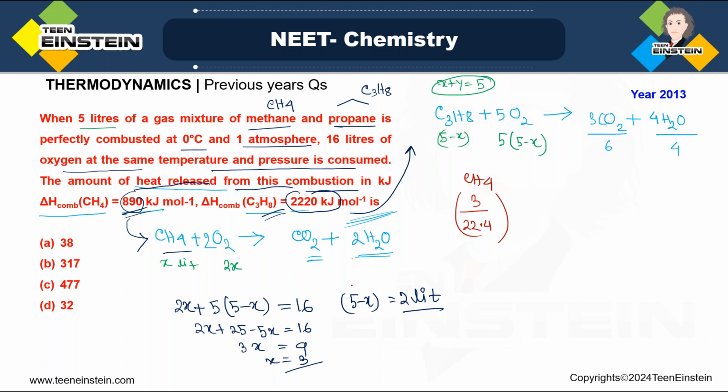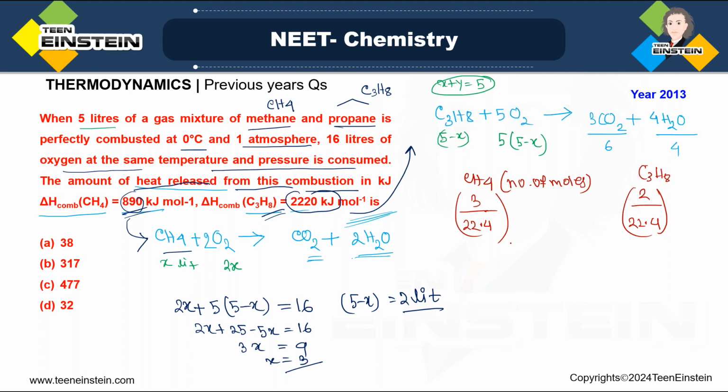So you get the number of moles of methane by dividing its volume by 22.4. Similarly, you can do it for propane, which is 2 divided by 22.4. So this is the number of moles for C3H8.